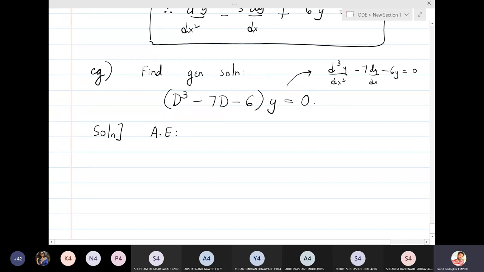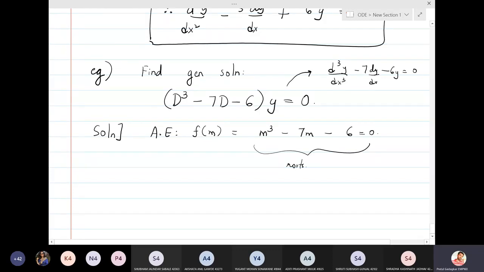So what is the auxiliary equation? f(m) equal to m cube minus 7m minus 6 is equal to 0. Okay, now how will I find the roots of this particular cubic equation?